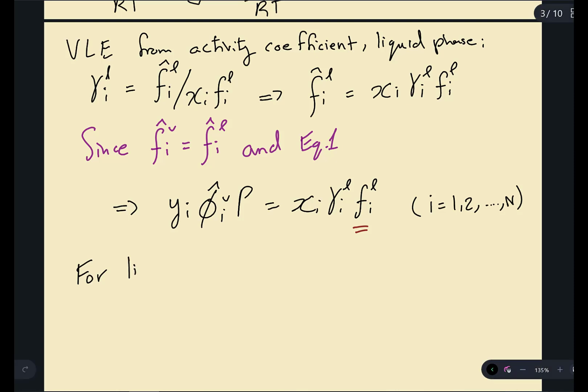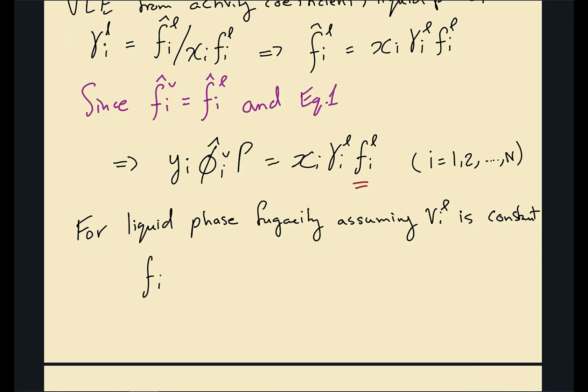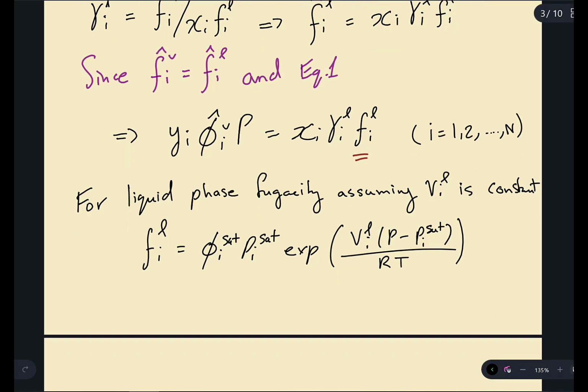For liquid phase fugacity, assuming that the volume of the liquid is equal to the saturation volume and it's constant, or an average volume is constant, we said that the fugacity is equal to the fugacity coefficient at saturated conditions times the saturation pressure times an exponential, which has the average volume times the pressure minus the saturation pressure, P_i^sat, divided by RT, as we see here.